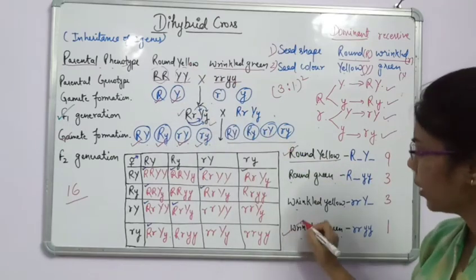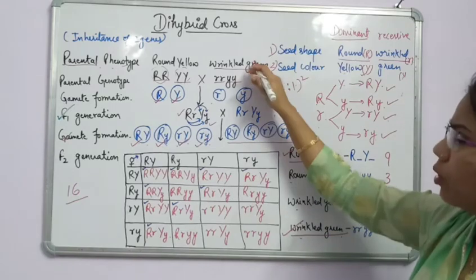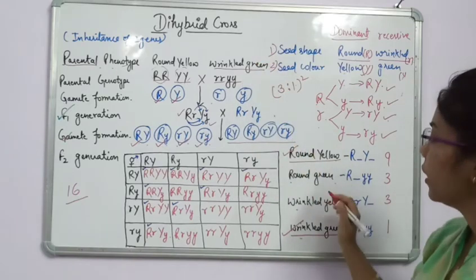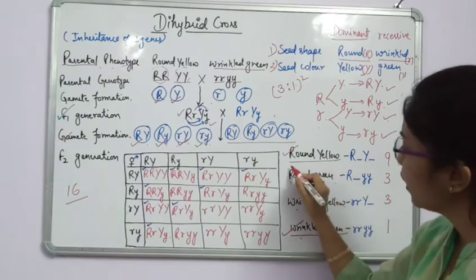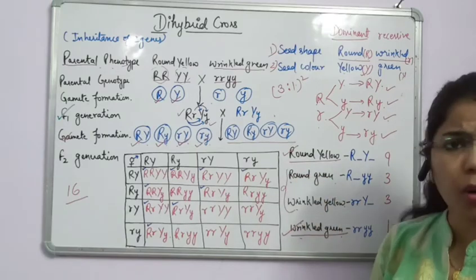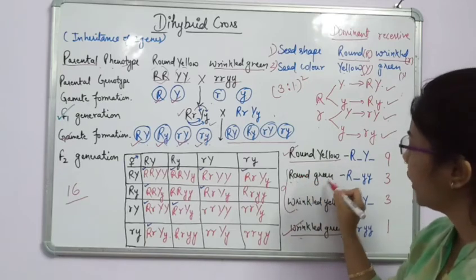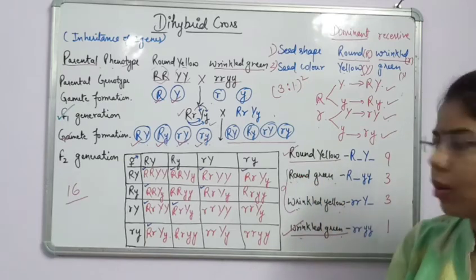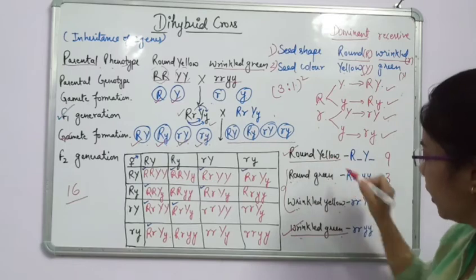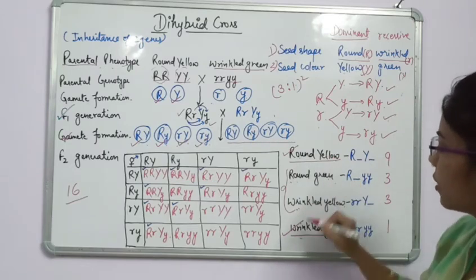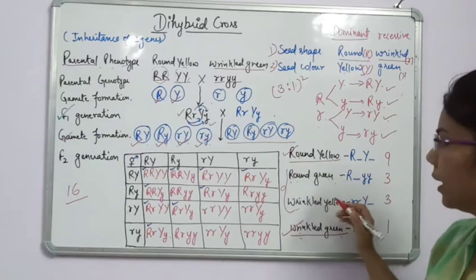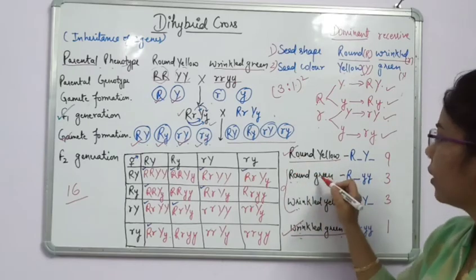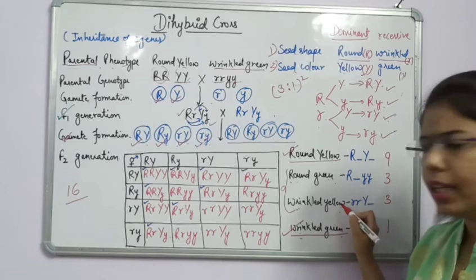As well as you can see the wrinkled green, they are also from the parental type. Now along with these parental characters, we are getting some recombinants also. And what are the recombinants? These are the round green and wrinkled yellow. We can see that round can combine with green and wrinkled can combine with yellow. So due to this, we are getting some pairs of round green as well as of wrinkled yellow.